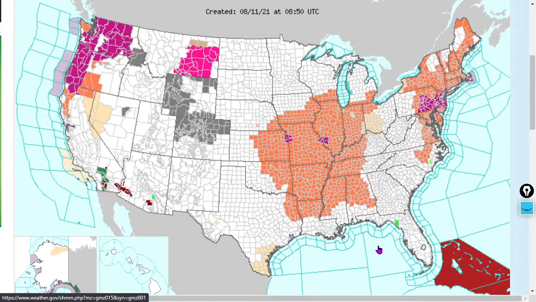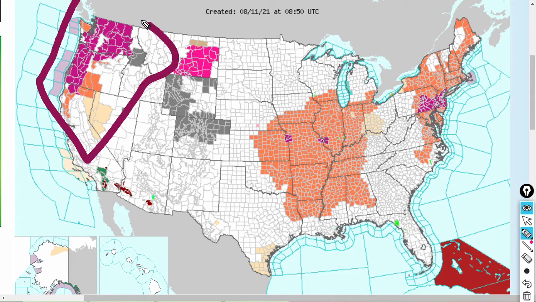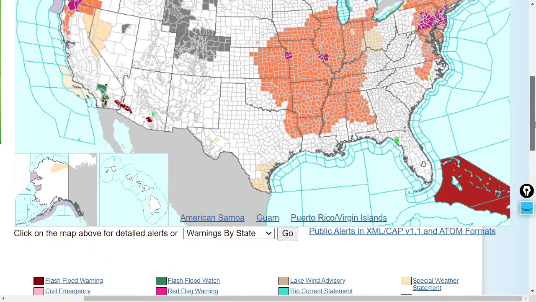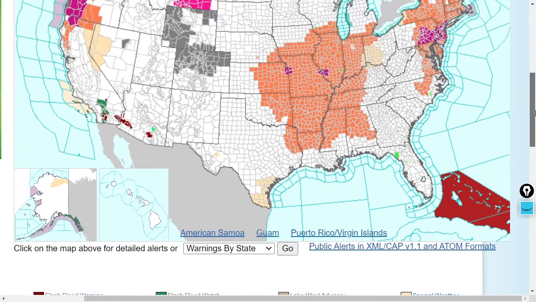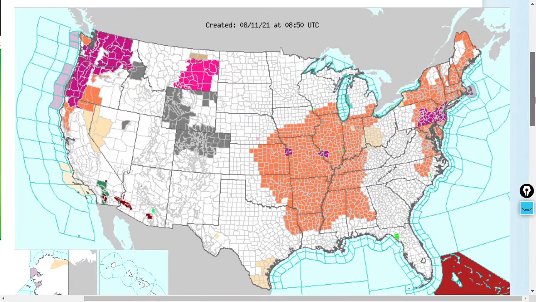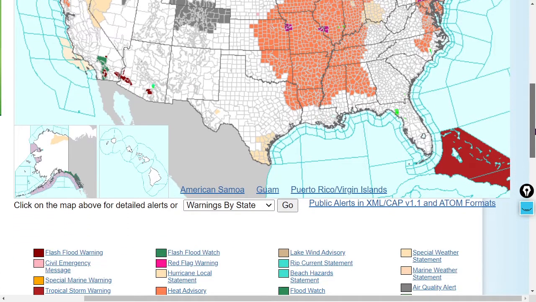There's the weather.gov map, and we can see heat advisories over most of the eastern portion of the U.S. Also, flash flood warnings in this area. Please have a disaster plan if you're in those areas, as there is some bad stuff coming. Special marine warning happening there, and we're seeing some pink civil emergencies showing up. What is up with that?